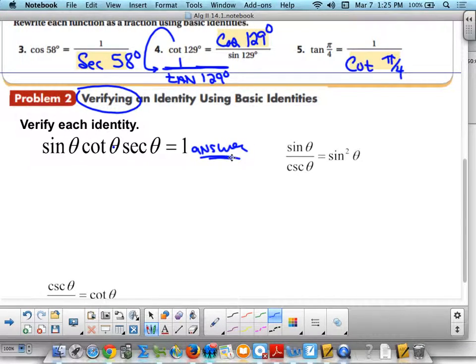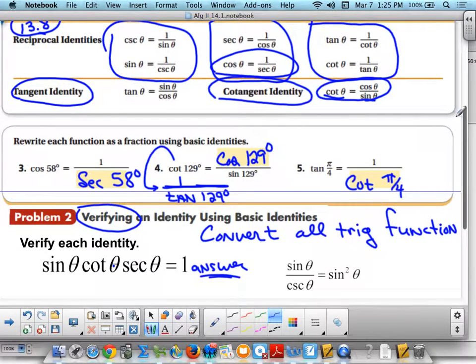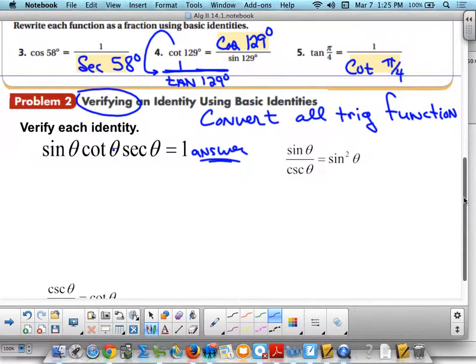So let's prove it. But I'm going to give you a hint. And here's my hint, and you should write this down. I would like everybody, when you do these problems, would you please convert all trig functions into sine of theta or cosine of theta.